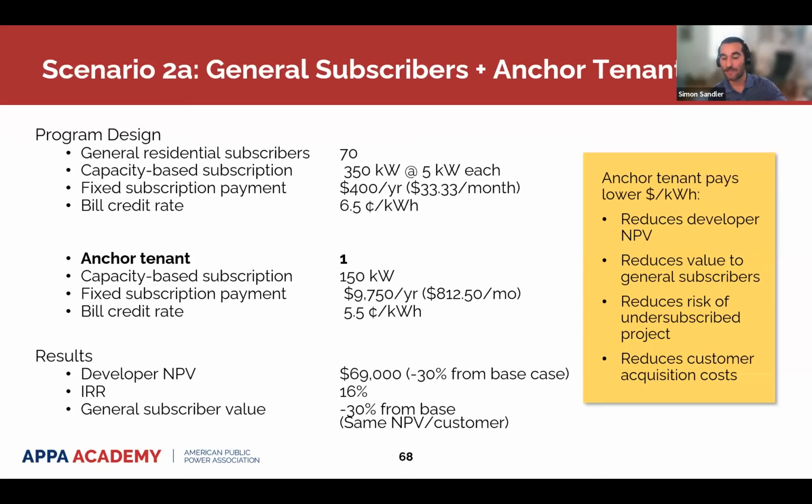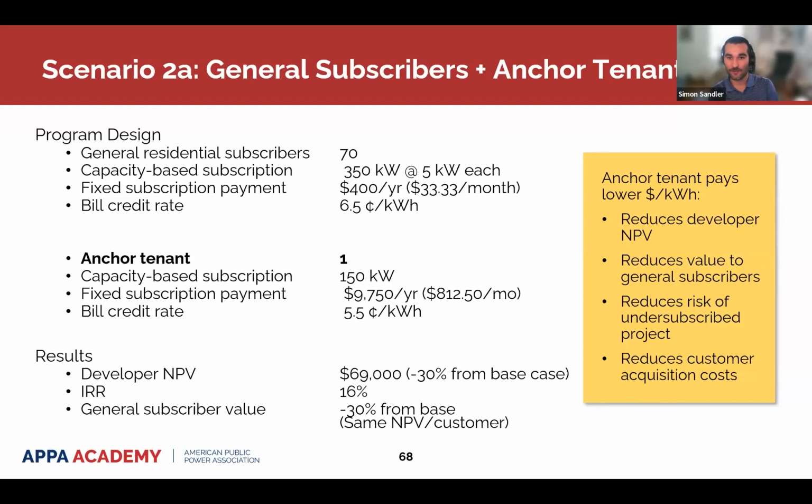We're going to see that the impact on the project is that the NPV for the developer actually goes down. So there's a trade-off here. As a project manager, you may be able to save somewhat on administrative costs because you have to manage fewer subscriptions.